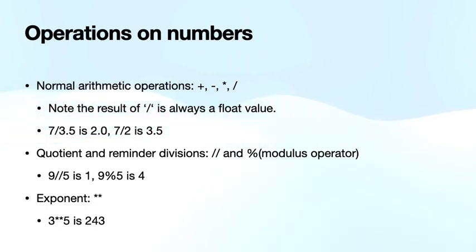Suppose we use the previous example, 7 by 2. Using floor division, the double slash, the result will be only 3. 7 double slash 2 will give you 3, whereas 7 slash 2, that is the division, will give you 3.5, which is a floating point. I hope I am clear.